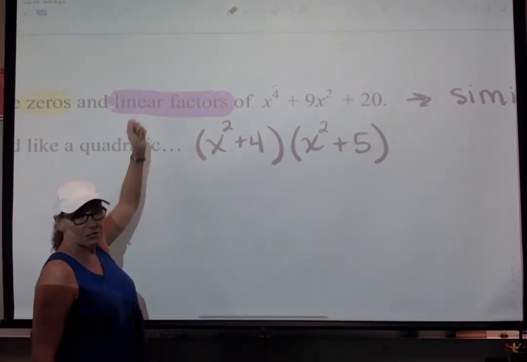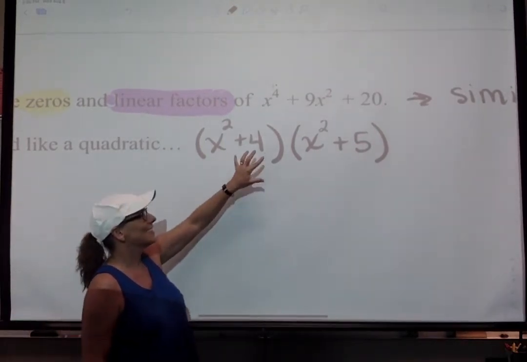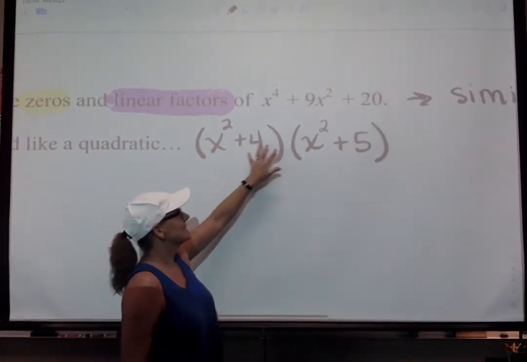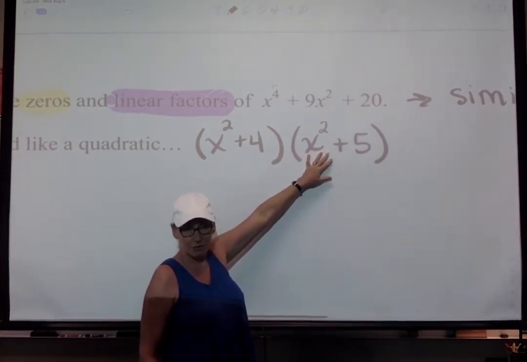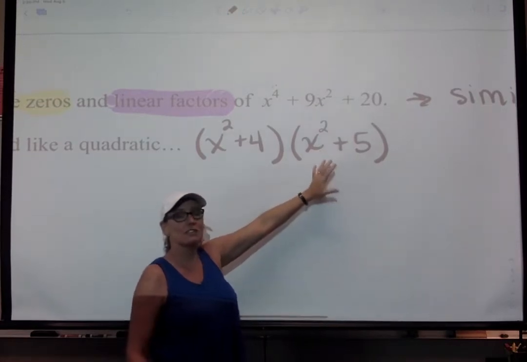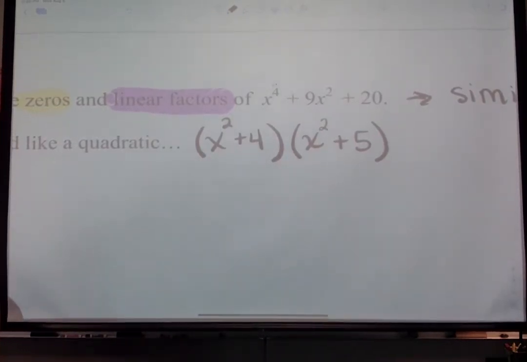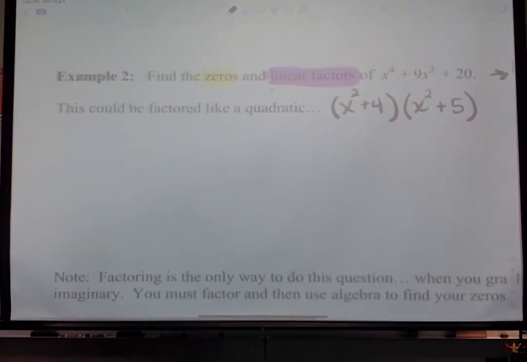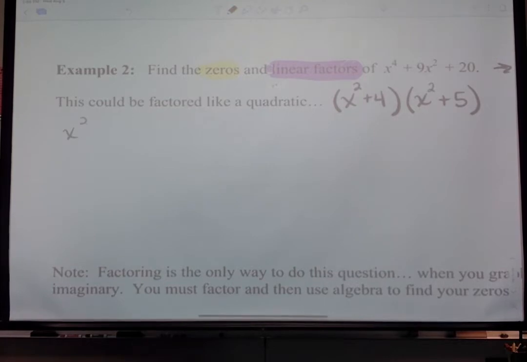We're not finished. I know that you know that these cannot be factored any further the way we know how to factor. So let's go on to the zeros. I think y'all can do this. Let's find the zeros. I'm going to go x squared plus 4 equals 0.